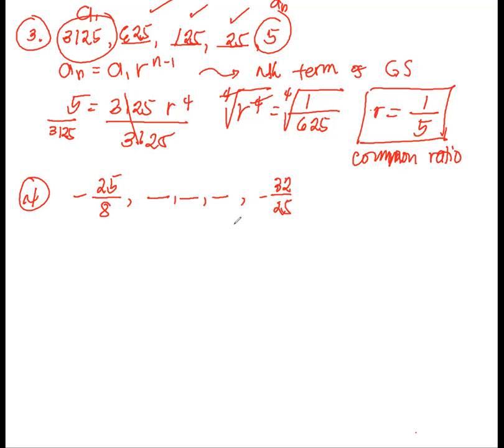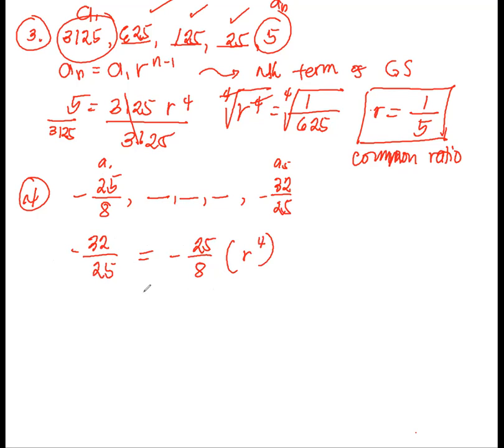So for us to get the ratio, all you have to do is to substitute the first term and the last term. Okay? Kahit hindi na natin sabihin na yan yung last term or fifth term. Alam nyo na yan. So we have negative 32 divided by 25 is equal to negative 25 divided by 8 times r raised to 4. Kasi we have 5 terms.